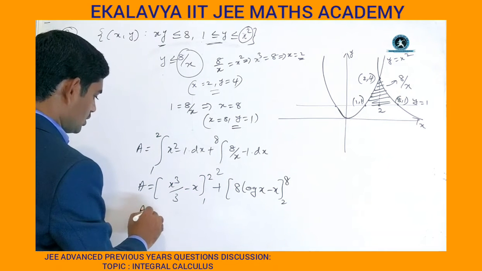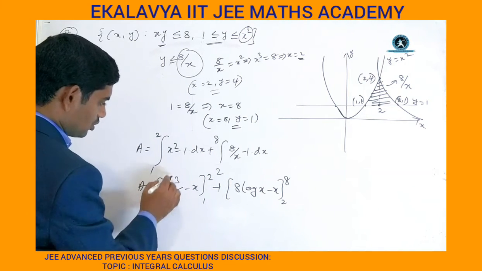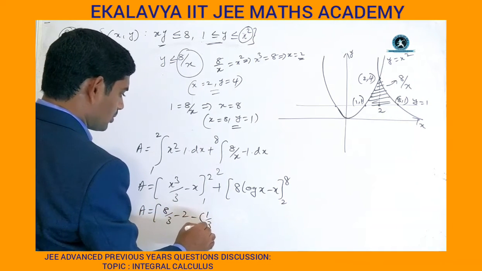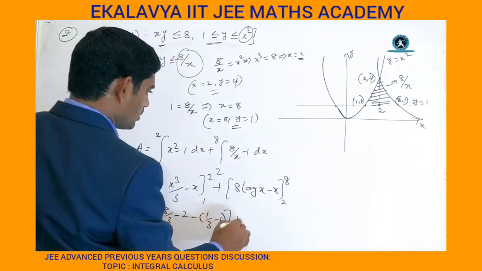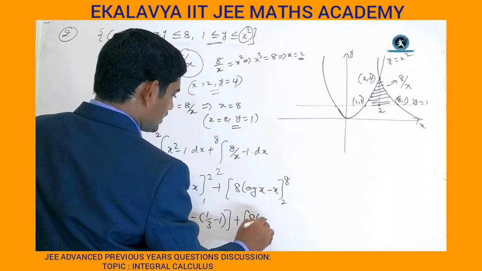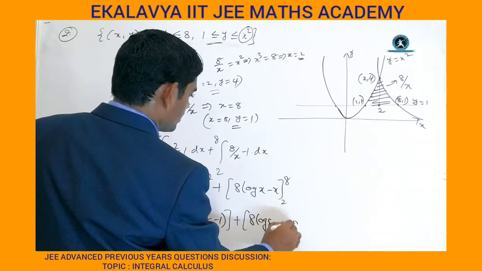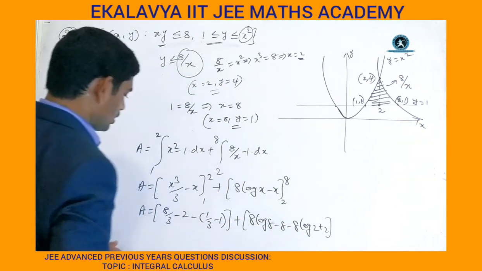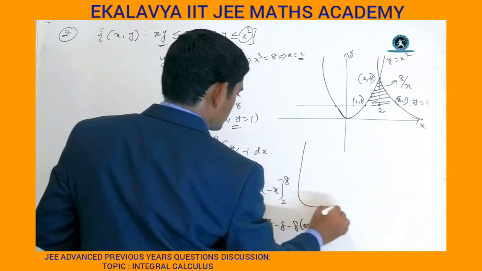Now we substitute the limits. We get 8 by 3 minus 2, minus 1 by 3 minus 1, plus 8 log 8 minus 8, minus 8 log 2 plus 2.